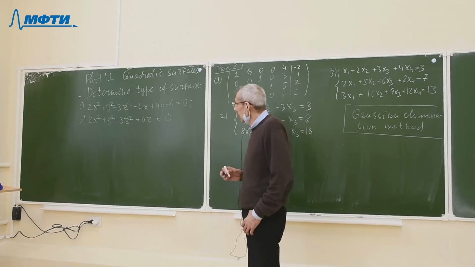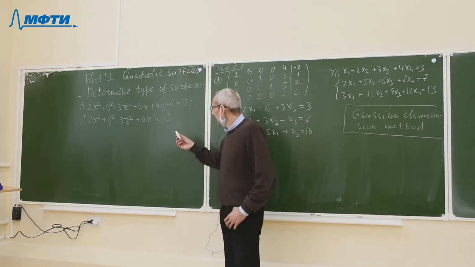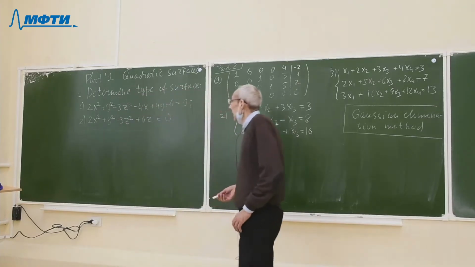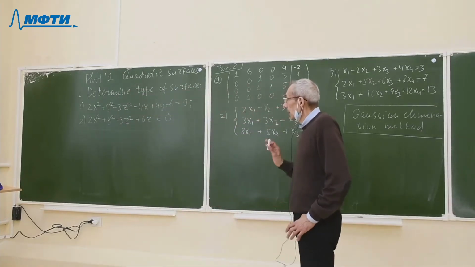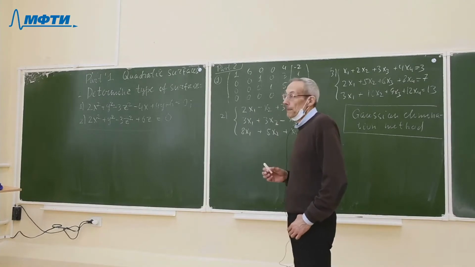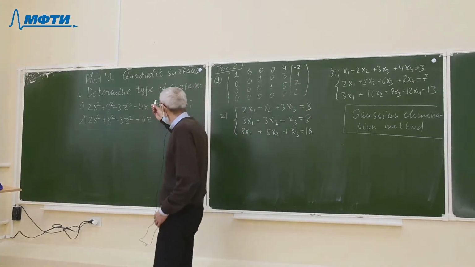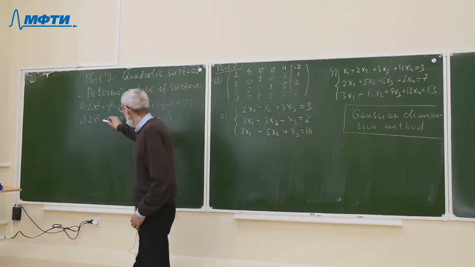To solve maybe two or three such problems. But in my opinion, it is important enough to understand how to solve the following simple task: determine the type of the surface.